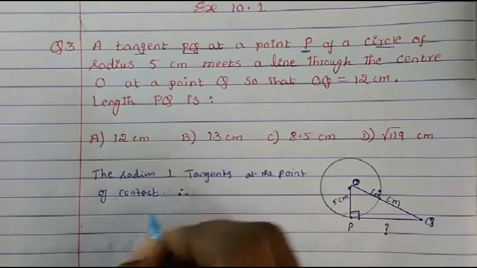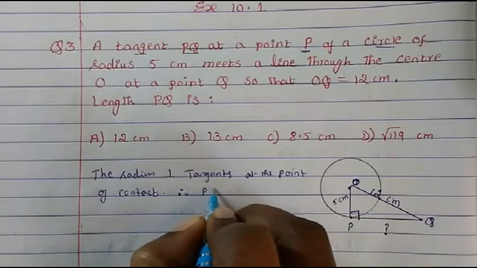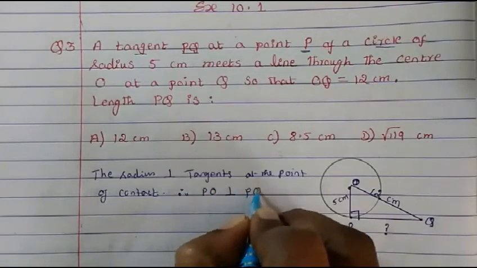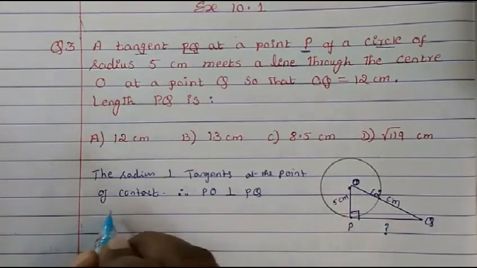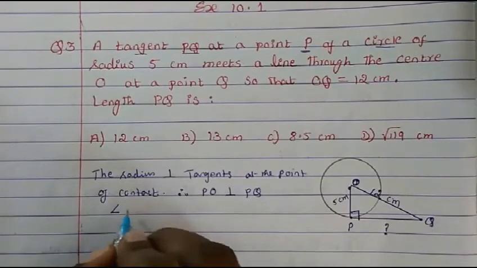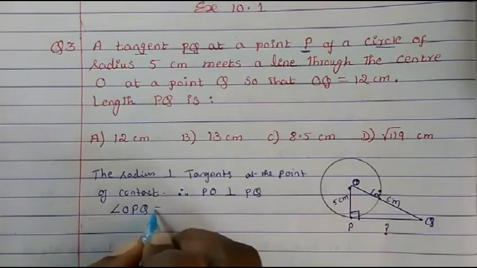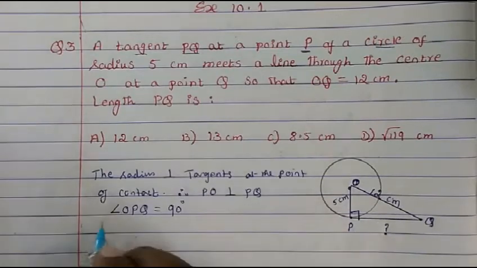Therefore PO is perpendicular to PQ. So if PO is perpendicular to PQ, angle OPQ will be 90 degrees. This is the reason we can give for why this angle becomes 90 degrees.